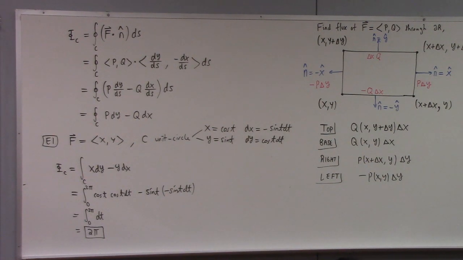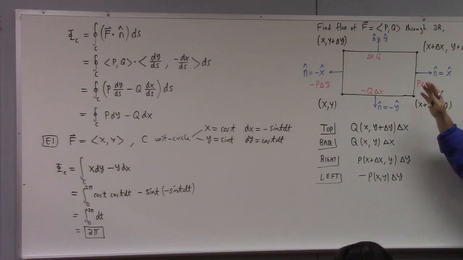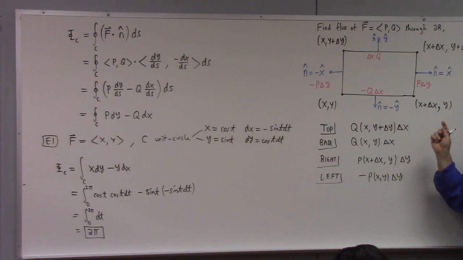Eventually, we're going to take the limit as delta x and delta y go to 0 to try to see something. Admittedly, it would be more careful to use the midpoints to calculate the magnitude of the vector field for the line segment.